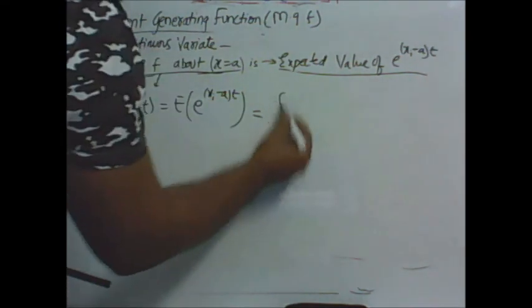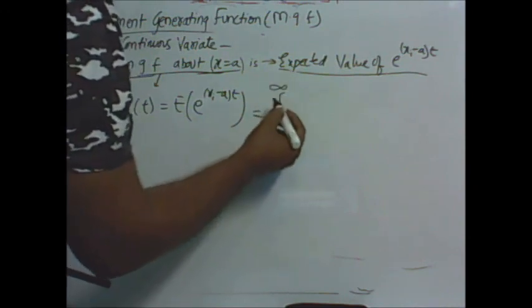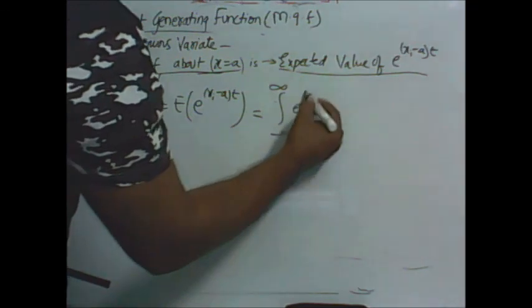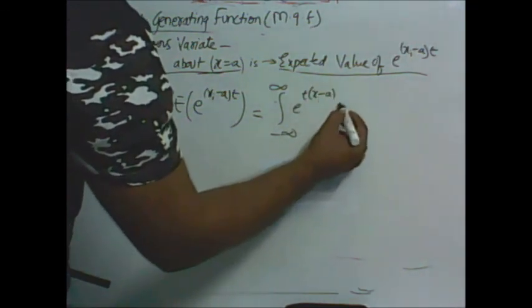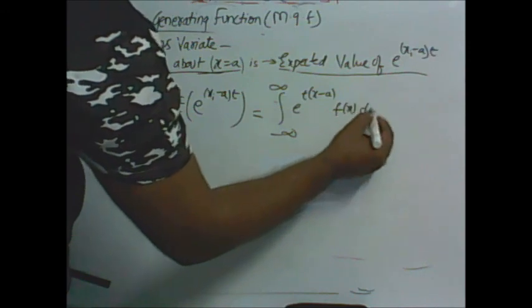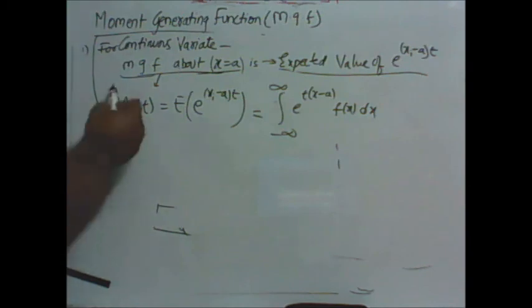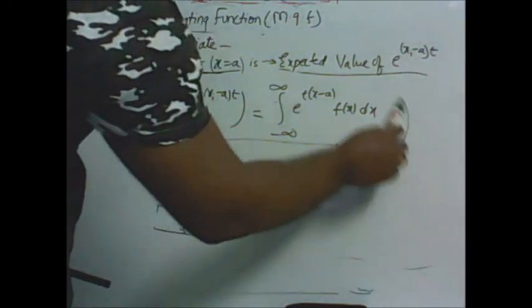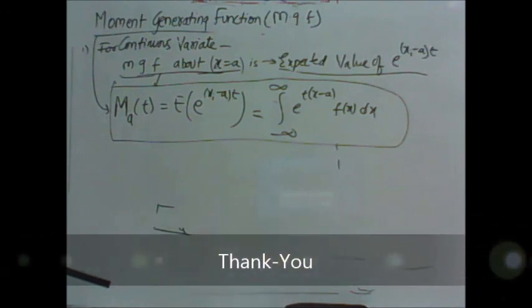We will write it as integral from minus infinity to plus infinity of e power t of x minus a into f of x dx. Rest of the things we know. So this we have to remember. Okay. Hope the total concept is clear for you all.